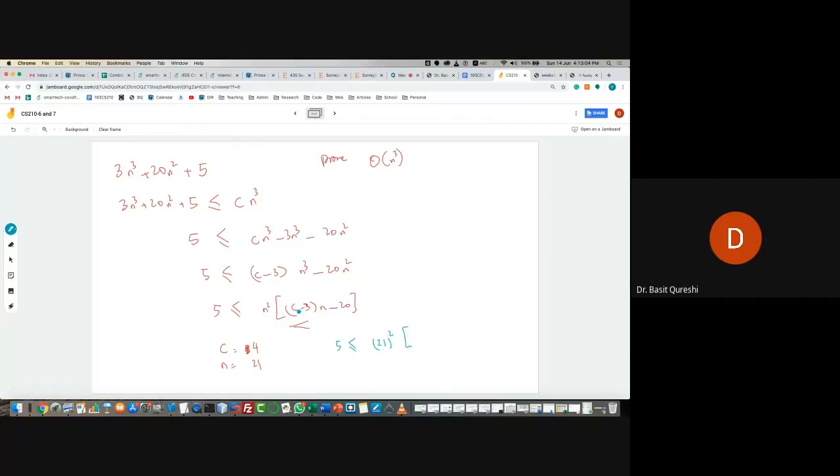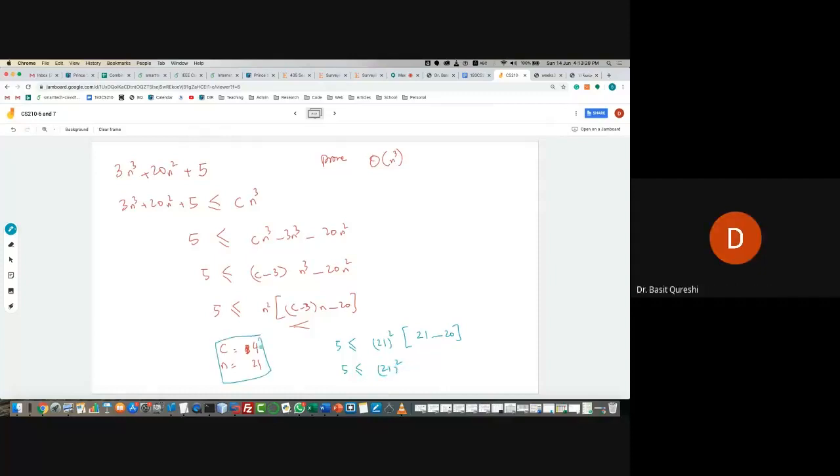So 4 minus 3 is 1, and 21 minus 20 is 1. Yes, it does work.